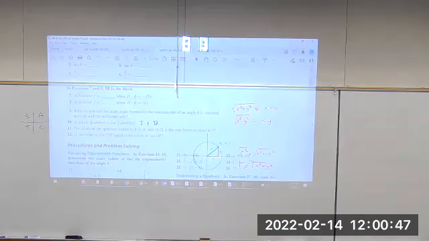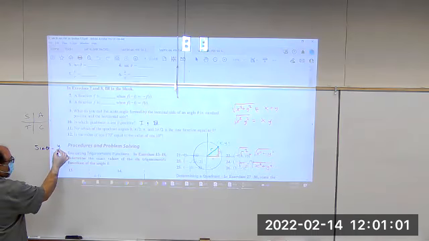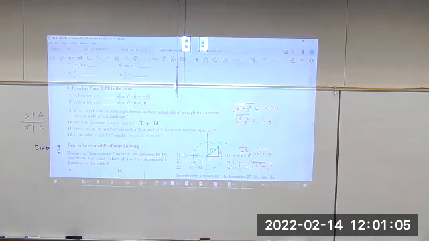For which of the quadrant angles 0, pi/2, pi, 3 pi/2 is the sine equal to 0? So we know sine theta is y over the radius. So sine would equal 0 when what equals 0?